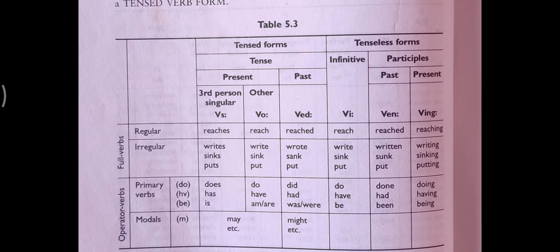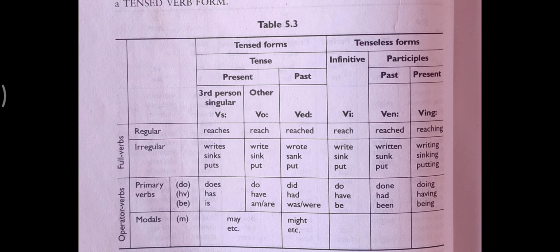In the same table we can have the infinitive form. It is tenseless; VI stands for verb infinitive. Reach, because it never indicates any kind of tense. To infinitive also: to reach, to write, to sink, to put. The EN form is the third form of the verb, VN.